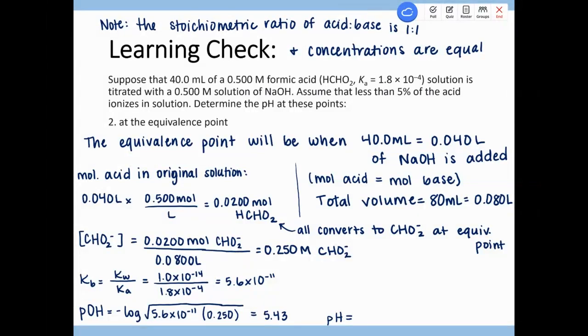So we use Kb here because there's no acid in solution. It's all base now. All of the acid was neutralized by the base. So for a weak acid titrated with a strong base, we need Kb at the equivalence point. If it's the opposite, if you have a weak base being titrated with a strong acid, then you need Ka at the equivalence point.